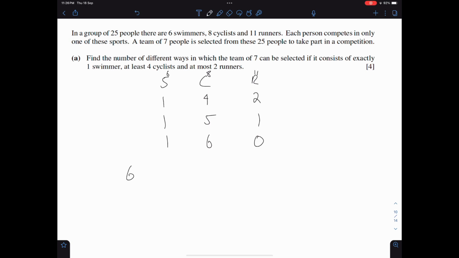So 6 choose 1 times 8 choose 4 times 11 choose 2. That is equal to 23,100.